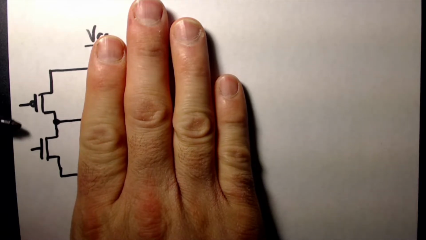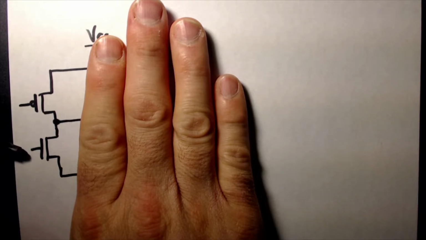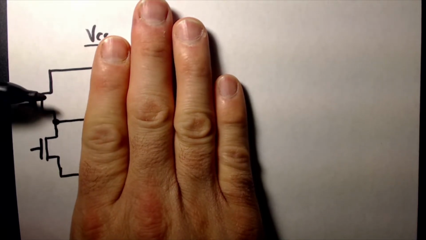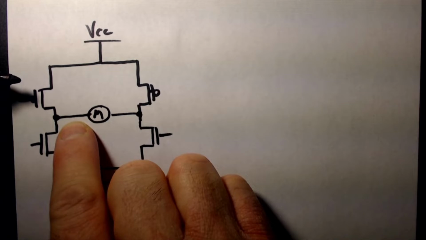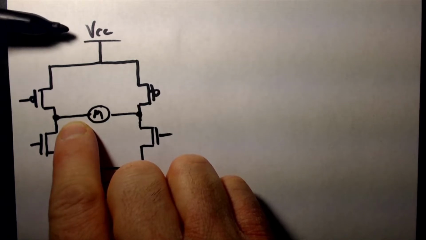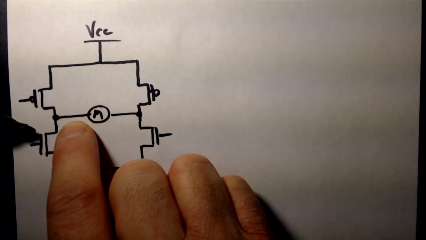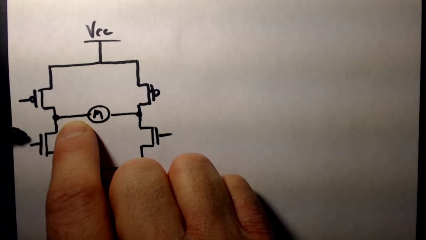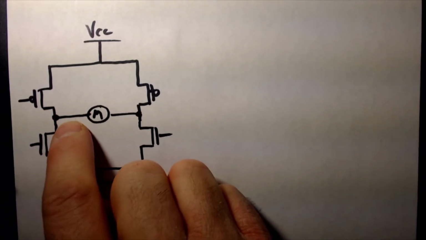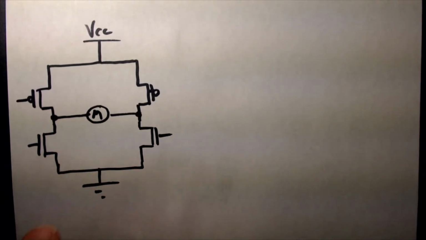Notice here I have a P channel as my pull up, and I have an N channel as my pull down. So my P channel is responsible for pulling this side of the motor to VCC, and similarly I have a low side switching circuit here, my N channel MOSFET, that's responsible for taking this same wire and pulling it down to ground.